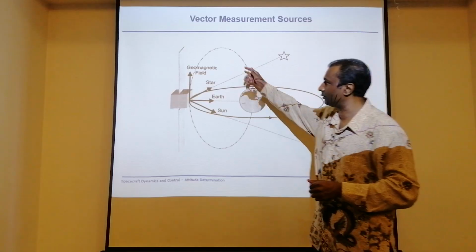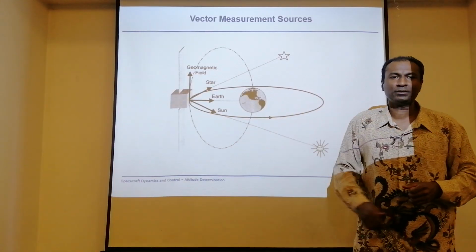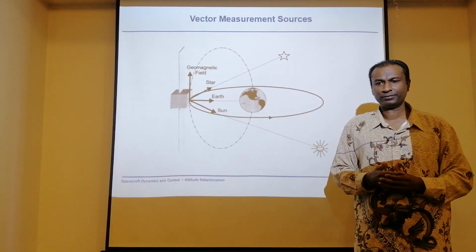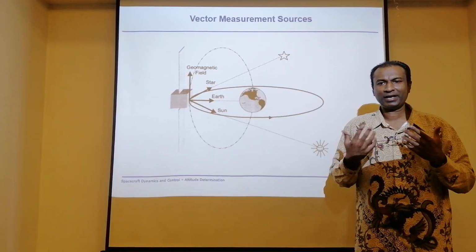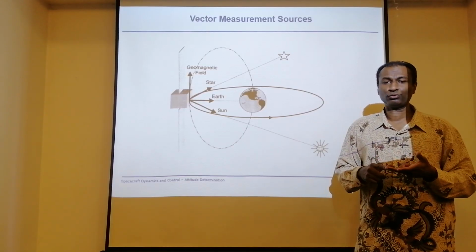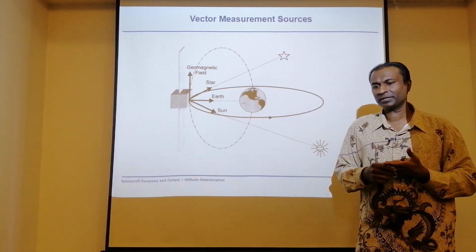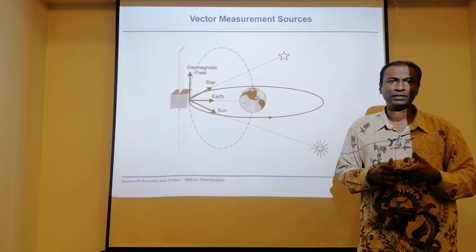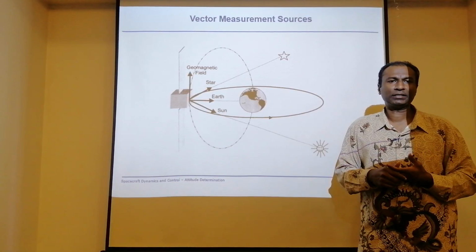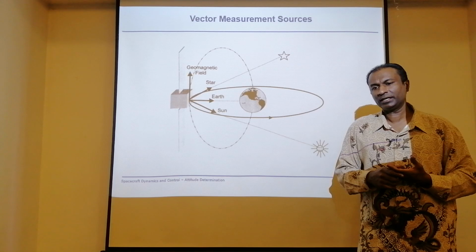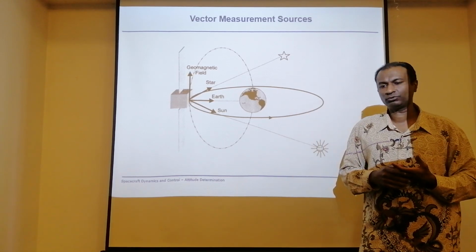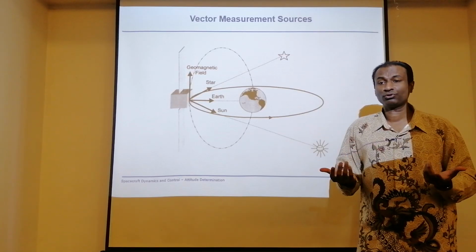Then, don't forget, we have the geomagnetic field. The geomagnetic field disturbs the satellite, creating an external torque. At the same time, we also use it in control actuators, passive and active, through magnetotorquers, having the magnetic field as the source of torque, so we can also induce torque.